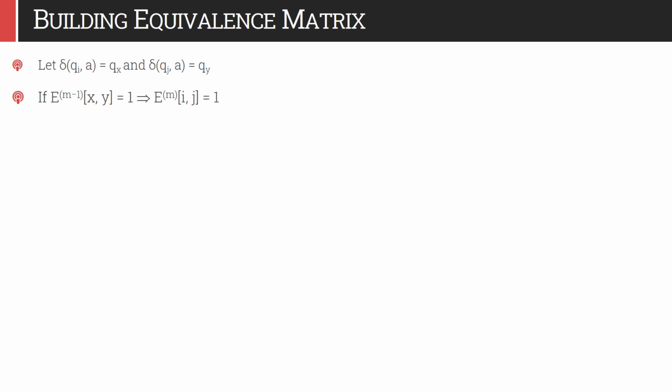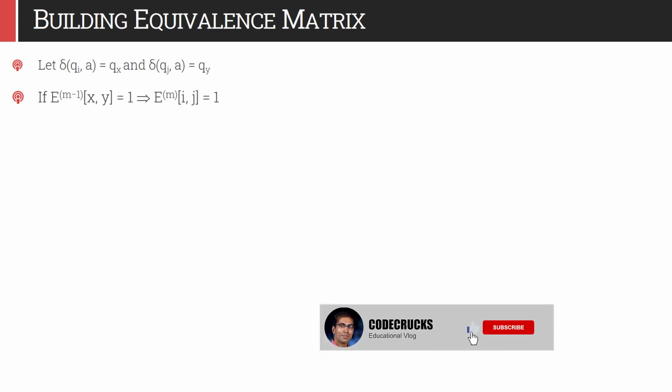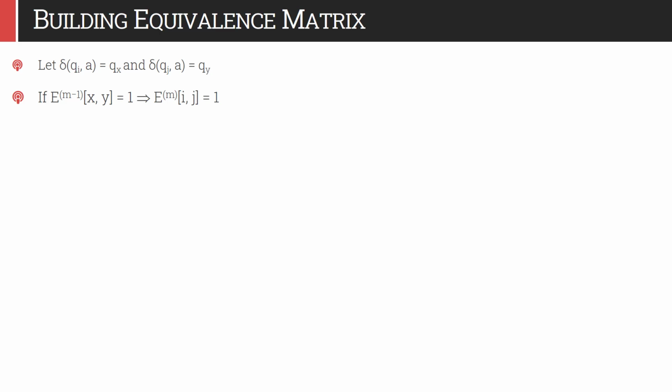Now we check if the x, y position in E of m minus 1 is 1, then we set the i, jth position in E of m as 1. Again I repeat, we have to find the delta transitions for all the input alphabets A, B, C, D, etc.